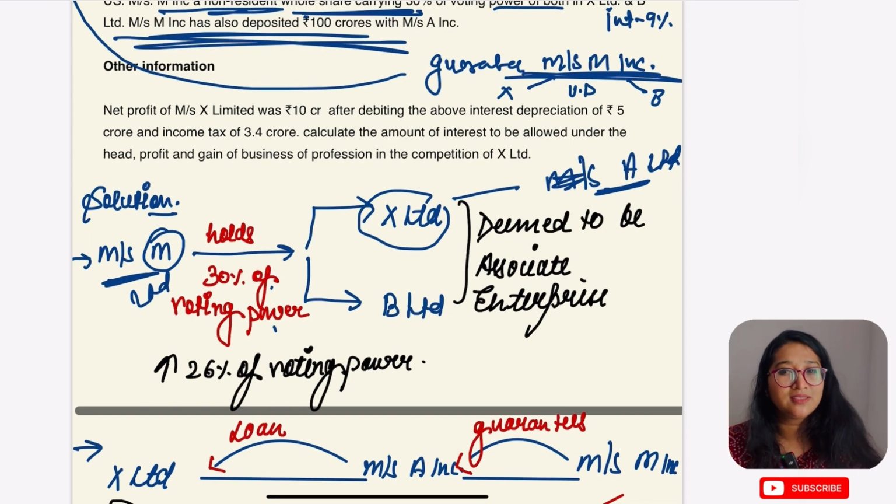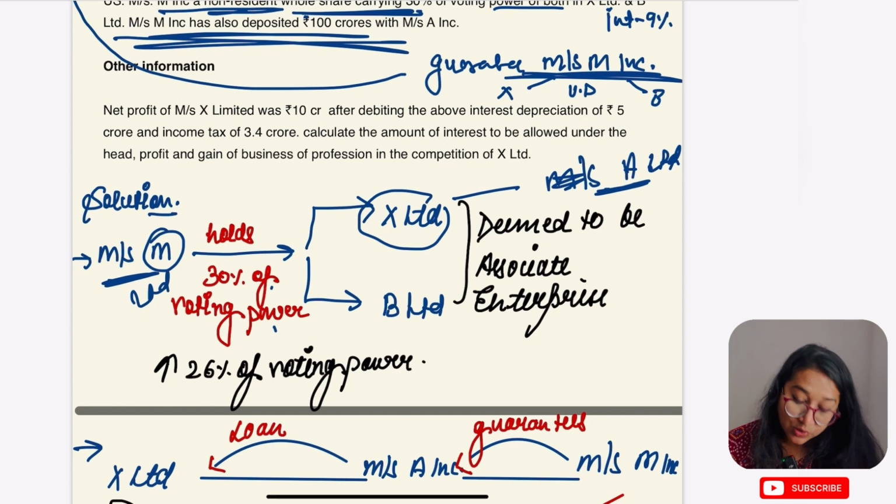Do you remember the condition of associate enterprise? The very first condition was 26%. If any party is holding voting power of 26% or more of the equity shareholding of another enterprise, both of them are going to be associate enterprises. The relationship would be of associate enterprise. Do you remember? Yes, we remember this.